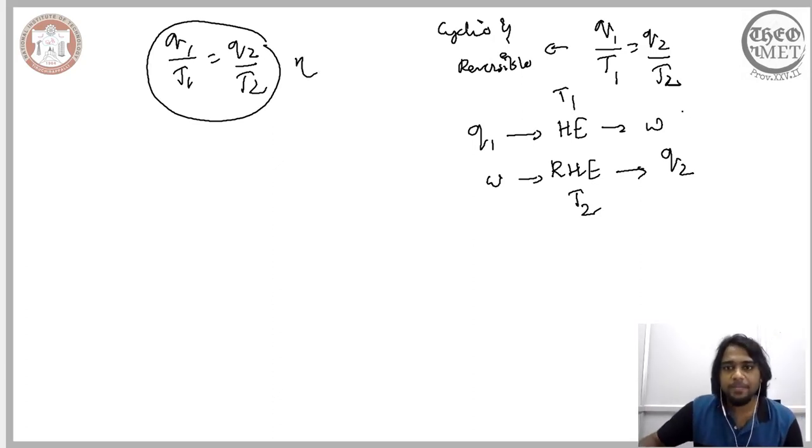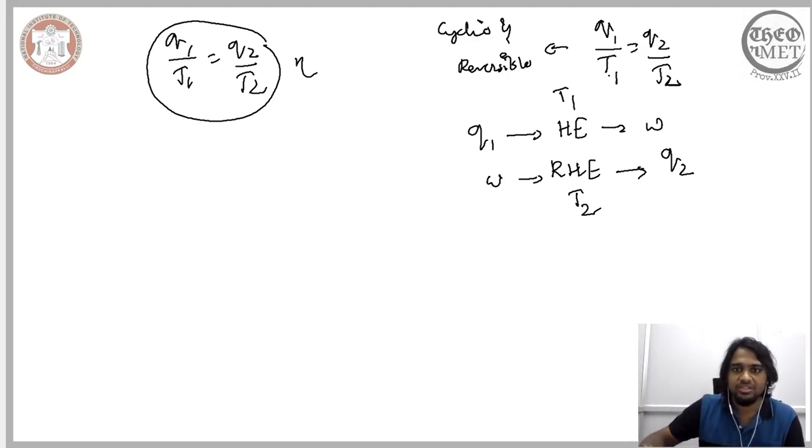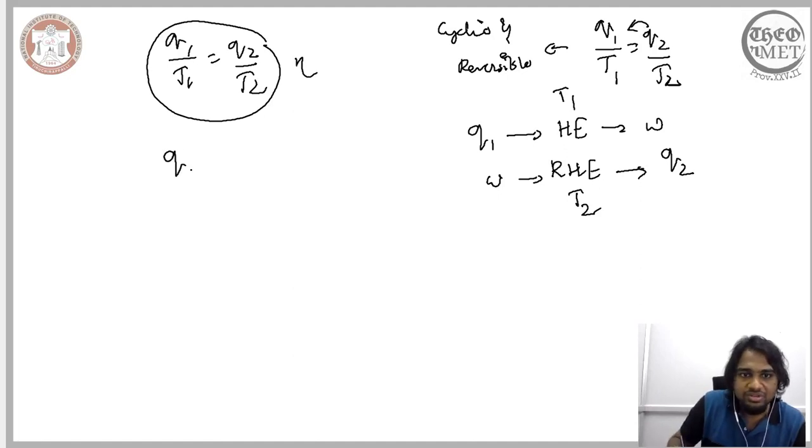So this relation helps us understand that whenever you have a cyclic and reversible reaction, then you can bring this term over here, and the summation of the heat transfer and the associated temperature is 0.